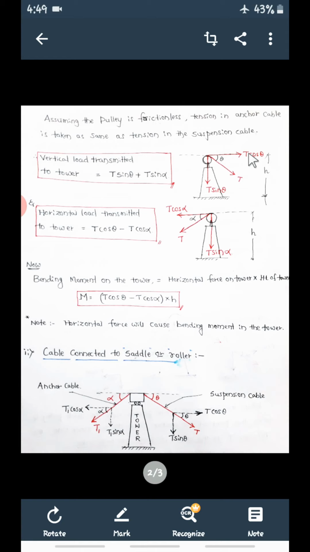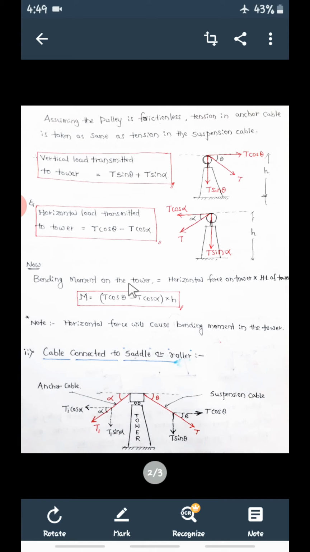So T cos theta minus T cos alpha will be the horizontal load transmitted to this tower, and T sin theta plus T sin alpha will be the vertical load transferred to the tower. These are important expressions you can remember.